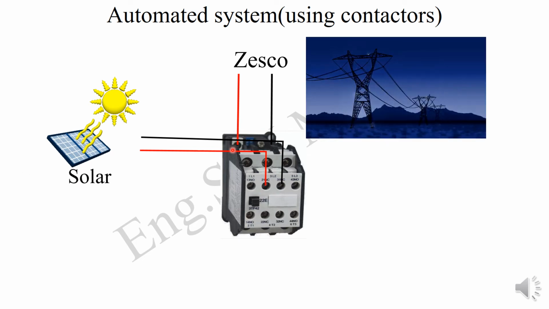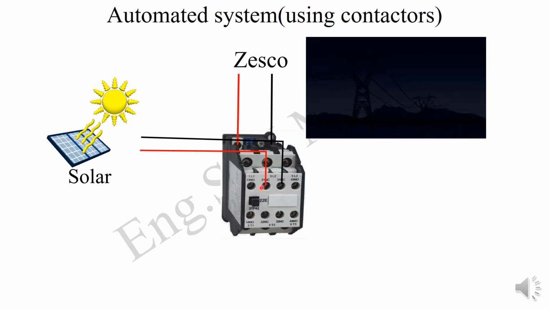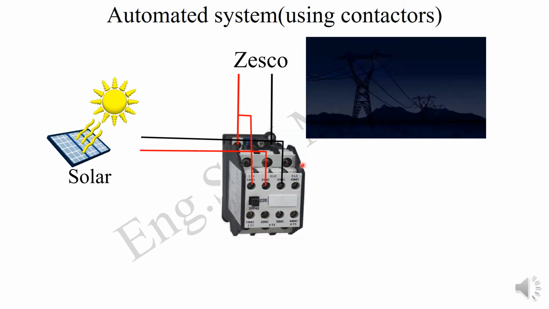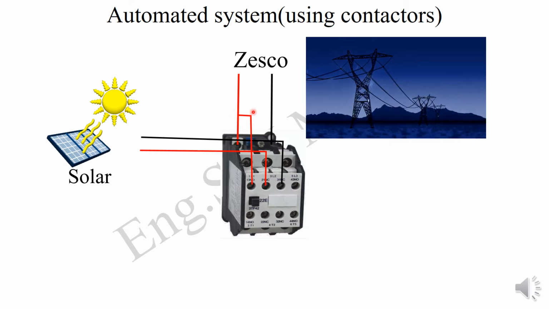For our PV source, you get two lines. The live goes to the normally closed of your contactor, and the neutral goes to the other normally closed of the contactor. And then from there, you jump a cable. From the live of the Zesco, you put to the normally open, and from the neutral of the Zesco, you give your normally open like that.